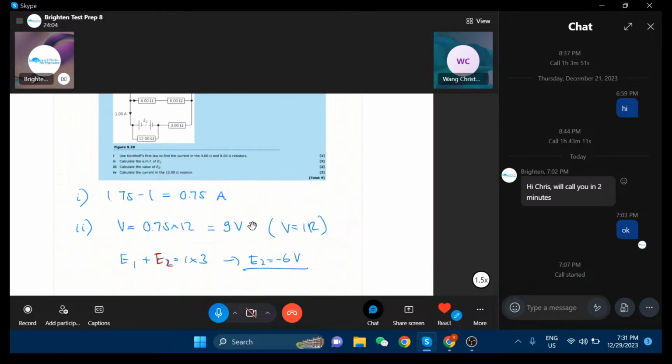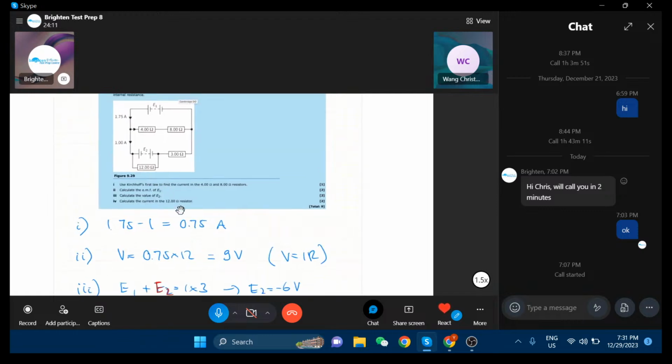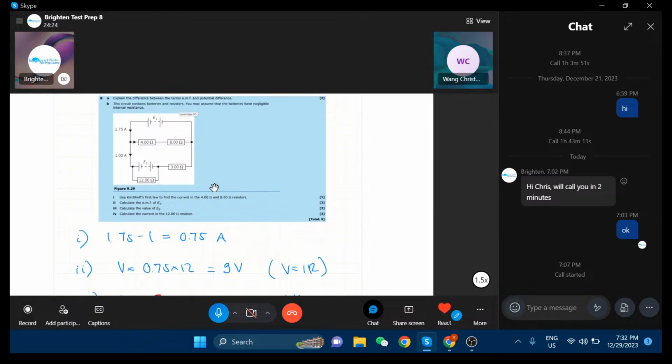Okay, number 4. I think the 12 ohm resistor. A 12 ohm resistor is only affected by the E1 EMF.